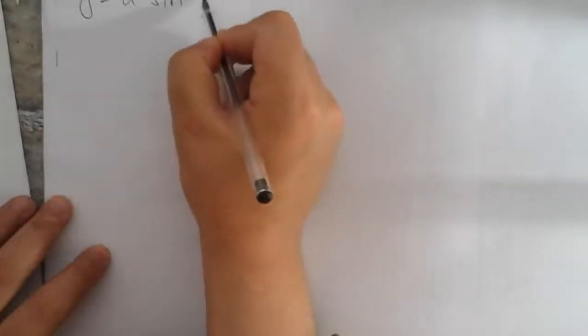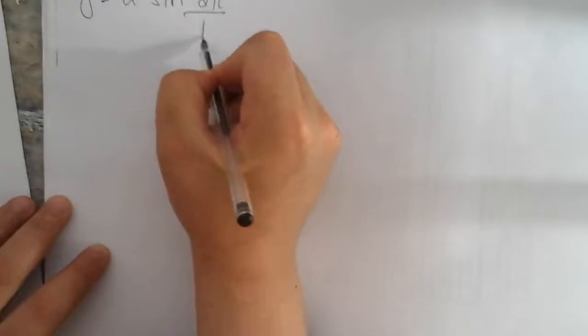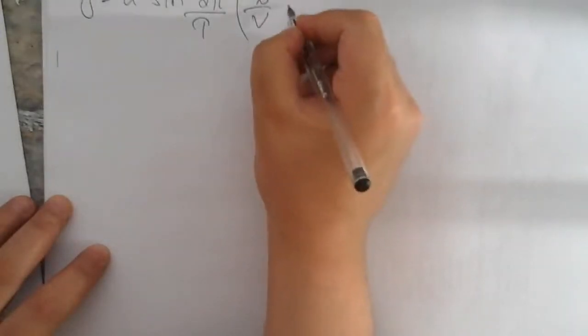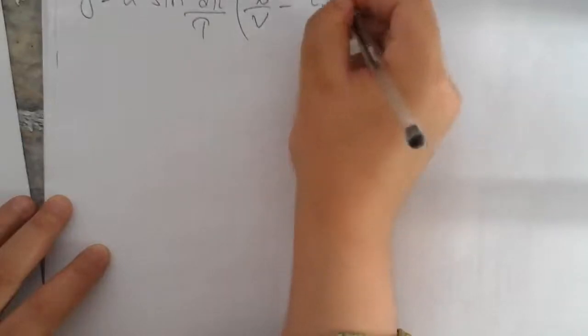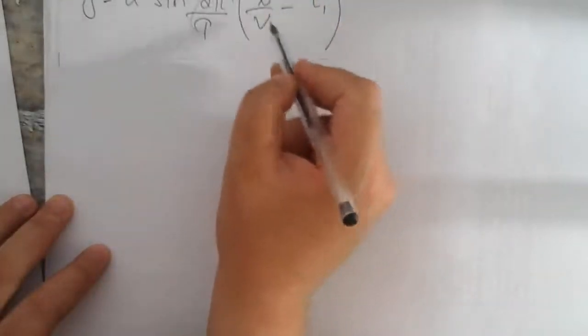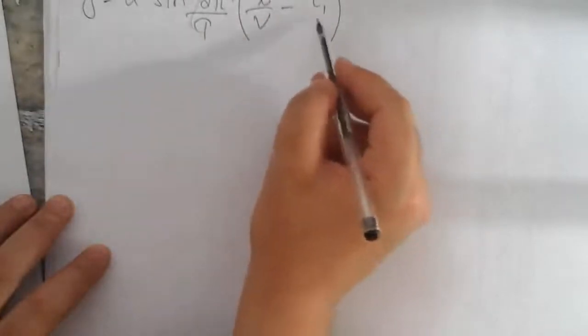So the equation will become y is equal to A sine 2 pi over T times (x over v minus t1). Okay, now we will multiply this term with this expression.